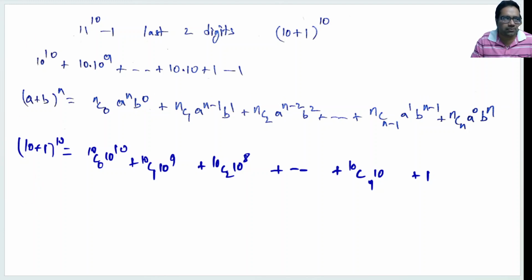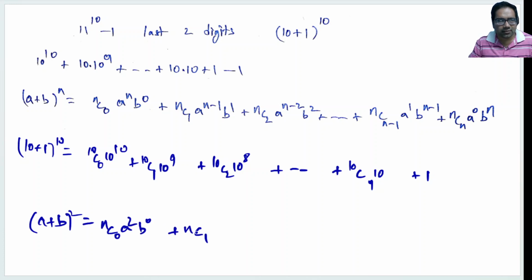For example, (a + b) whole square is 2C0 a^2 b^0 plus 2C1 a^1 b^1 plus 2C2 a^0 b^2. We start with 2C0, 2C1, 2C2, basically up to nCn.